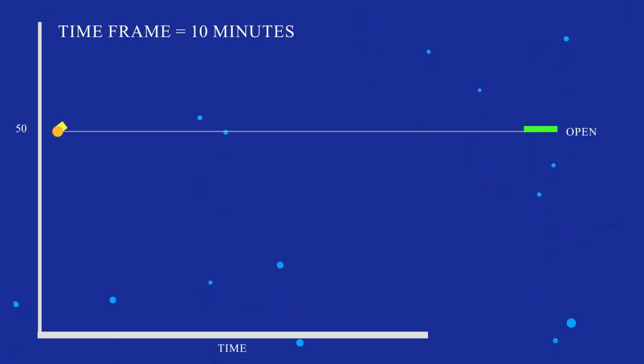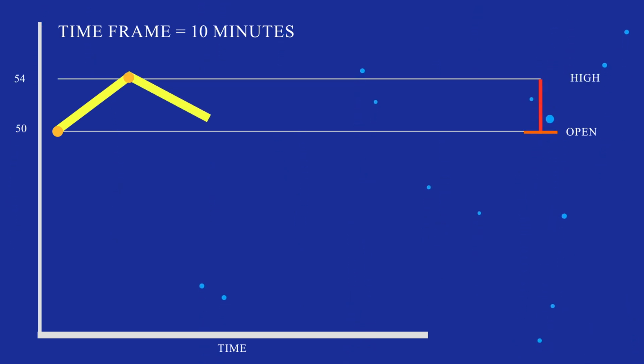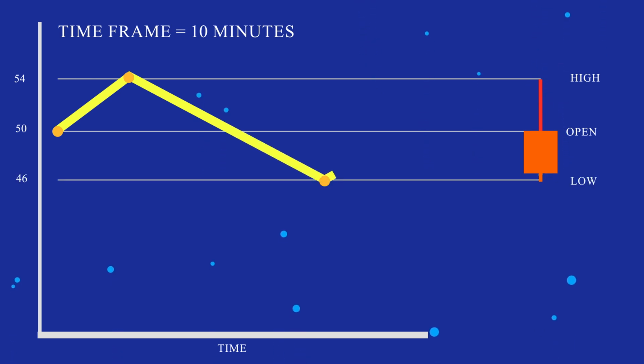And since I'm feeling particularly generous today, here is another example, this time with a 10-minute time frame where each candlestick represents 10 minutes. Here we see the stock opens at Rs 50. 2 minutes in, we see it touch a high of Rs 54. But 7 minutes in, we see the price drop to Rs 46, which is the low of the period.